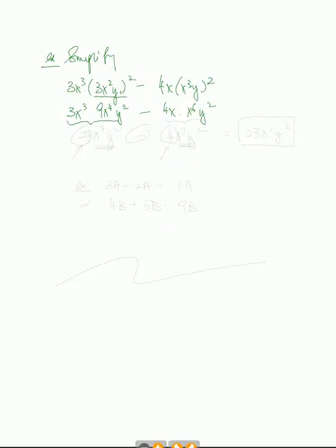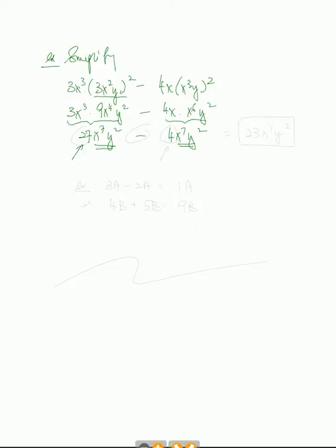Now this is multiplication, so I have to continue multiplying them, numbers with numbers. 3 times 9 makes it 27. x cubed and x to the 4th combine to become x to the 7th power y squared, minus, now in this case the x's combine, so I'm going to work this out, and it becomes 4x to the 7th y squared. Now at this point I'm looking at the two terms, and I notice that their variable portions are the same, x to the 7th y squared.